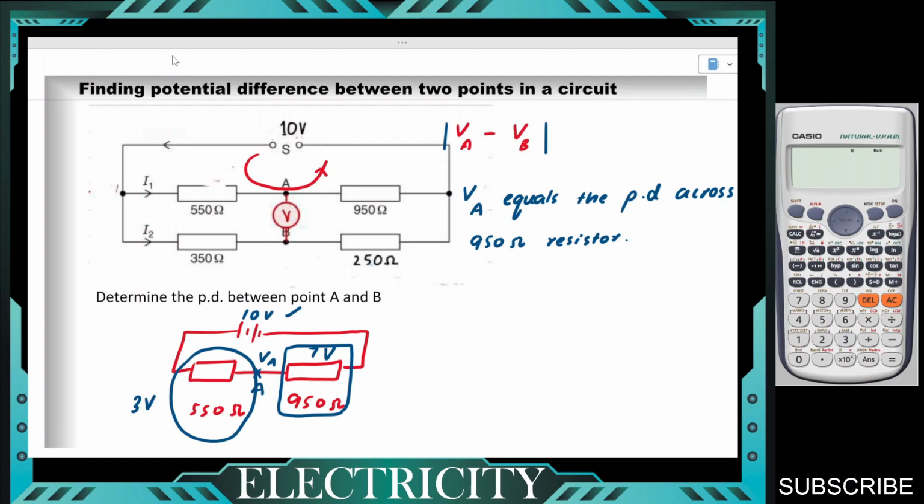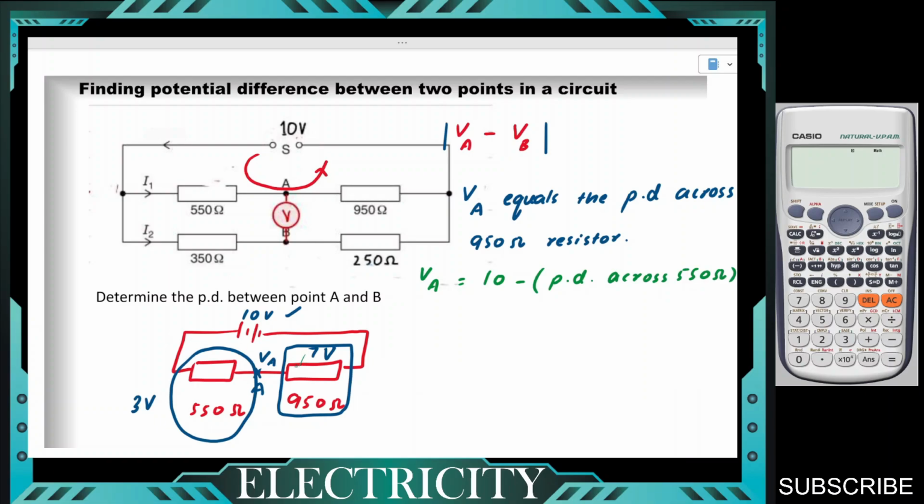And the other method I've told you already, you can do it this way as well. The voltage at A equals 10 minus the potential difference across the 550 ohm resistor. So whatever method you're comfortable with.